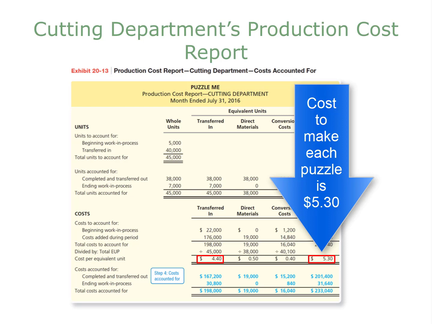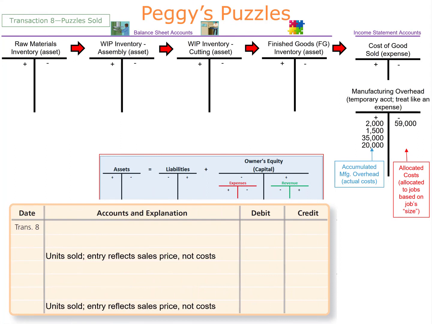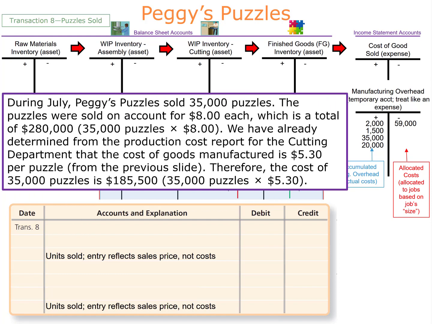Now we can go back to the previous slide and use the $5.30 cost per puzzle to calculate Peggy's total cost of goods sold. So here is our transaction description with all the details. Peggy's Puzzles sold 35,000 puzzles. We have already determined from the production cost report from the cutting department that the cost of goods manufactured is $5.30 per puzzle.